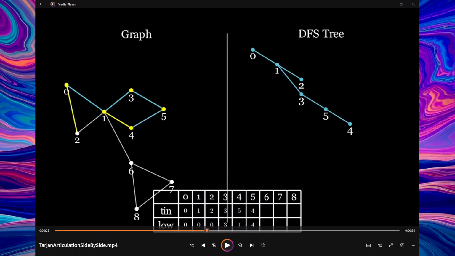Now, if instead we didn't have this edge, if instead G only simply went up to B, in other words, if low of G is greater than or equal to the time of entry of B, this tells us that there is no other way to get out of this subgraph without going through B. And that's the exact definition of an articulation point, right?